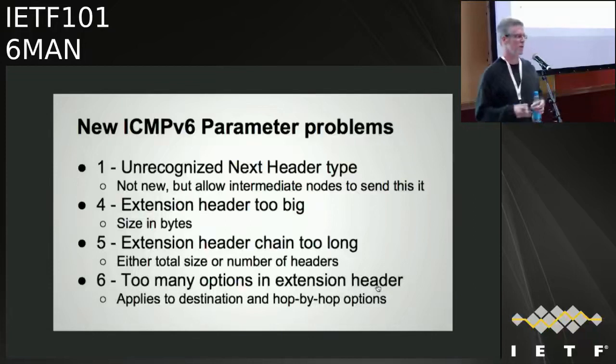So we allow for both of those. It should be fairly obvious from the pointer which one of those two it is. And code point 6 is too many options in extension headers, so this applies to destination options or hop by hop options. This is when the count of options gets too big.